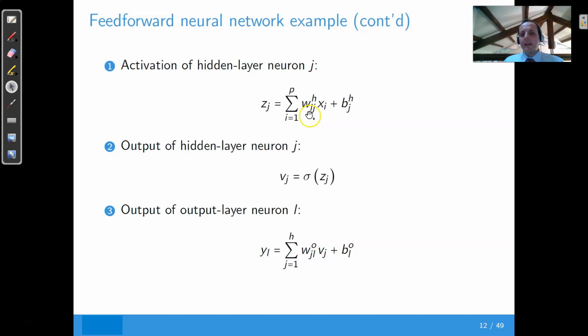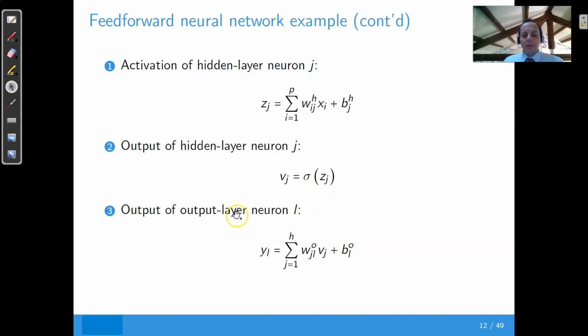So the input goes from input I to the neuron J. W^H again refers to the weight of a neuron in the hidden layer, and this constant is called the bias, B of the neuron J in the hidden layer. The output of the hidden layer is very simply the result of this activation function. Sigma is normally a sigmoidal or hyperbolic tangent.